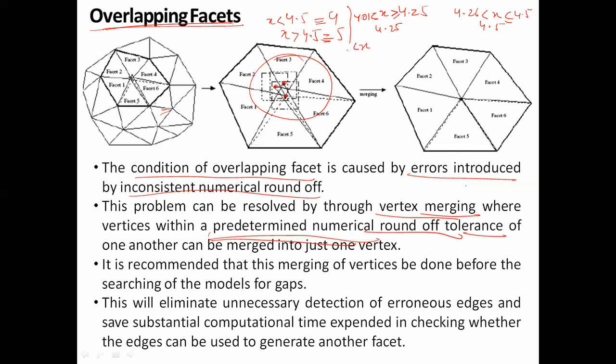If x is greater than 4.5 but less than or equal to 4.75, we take 4.75. And if x is greater than 4.75 but less than or equal to 5, then x is equal to 5. These are the general values we take for this rounding off, and the tolerance value we define here is 0.25.